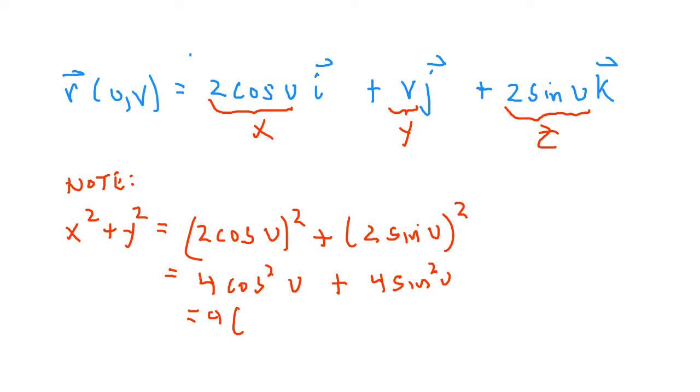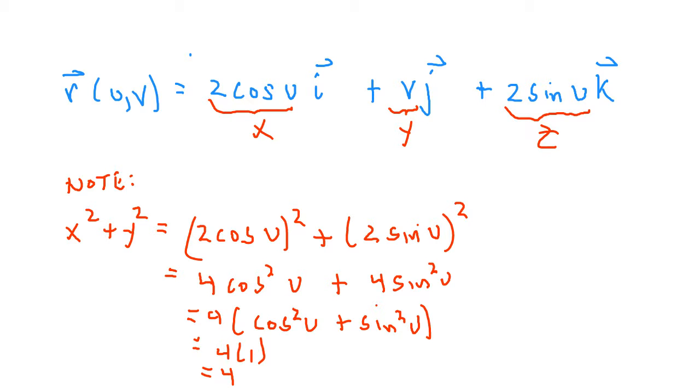We can factor the 4 out. And what's cosine squared of u plus sine squared of u equal to? 1. Good, Yeva. So that equals 4.